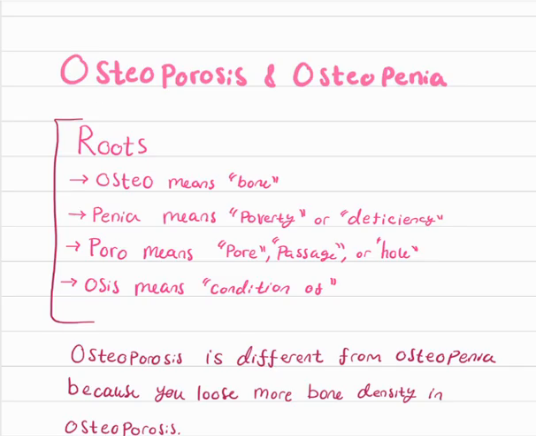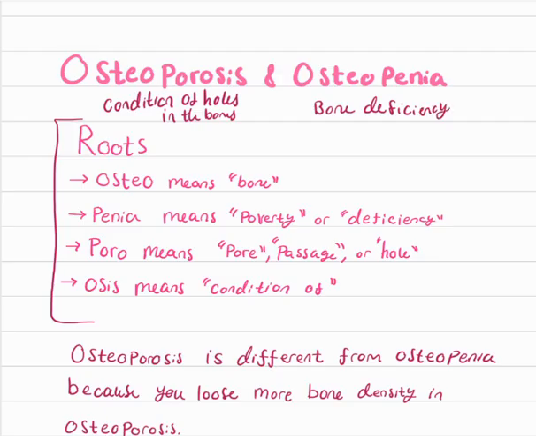So looking at this, osteoporosis would be a condition of holes in the bones. And then we have osteopenia, which would mean bone deficiency.